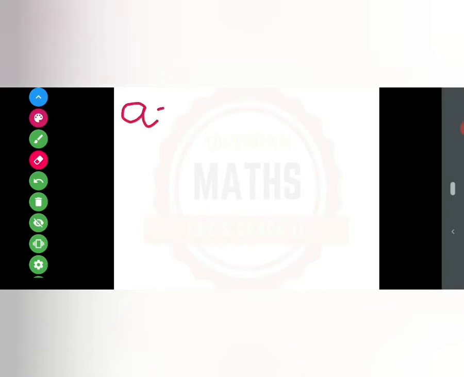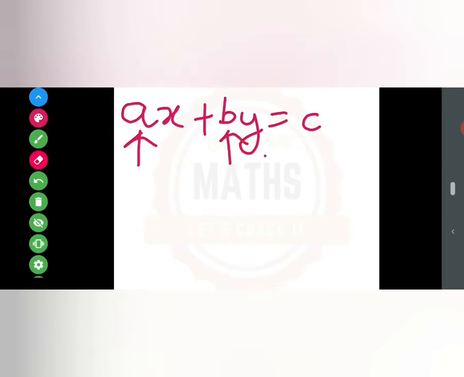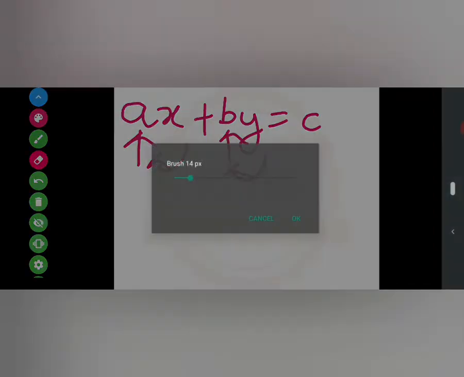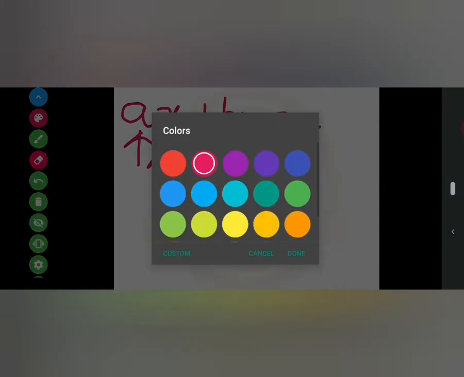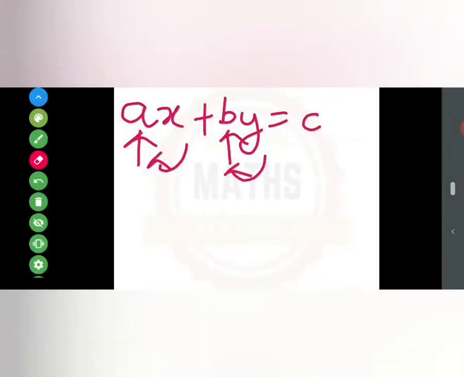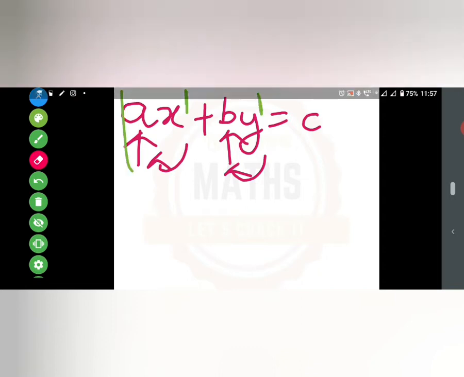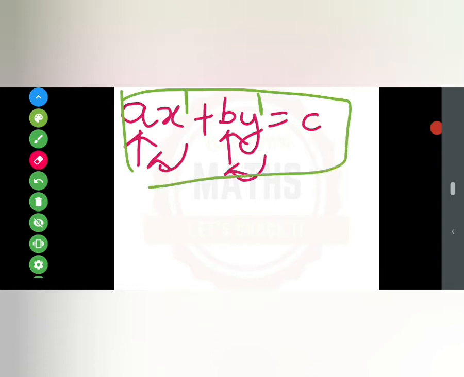So ax plus by equal to c, where a is my coefficient of x, b is the coefficient of y, the index of x is 1, y is 1. This kind of equations are termed as linear equation, also written as LE, linear equation.